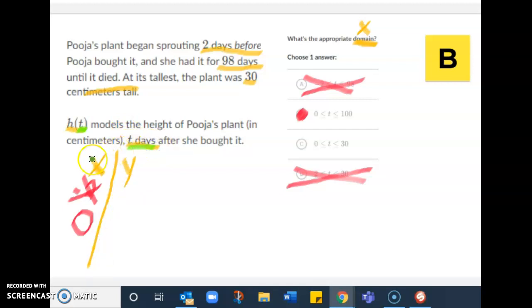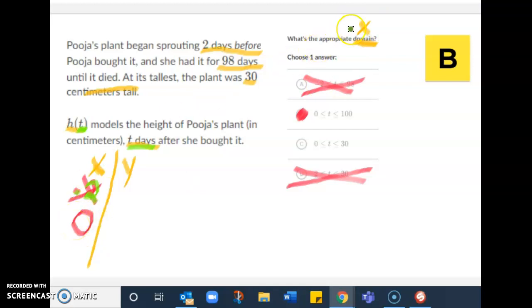So underneath my X column, it seems as though we want to start with -2, but we cannot have -2 days, so we start with 0. The domain is talking about your X, so that's what it wants to know.